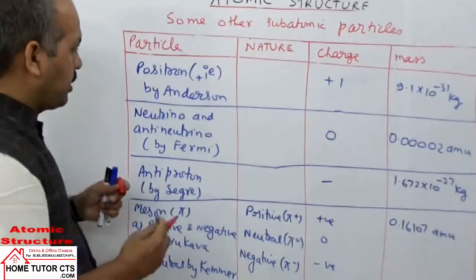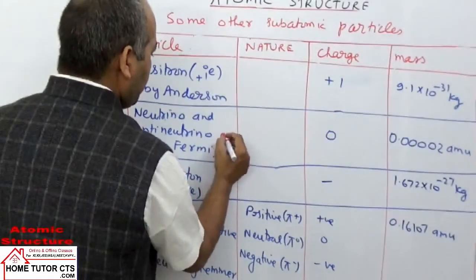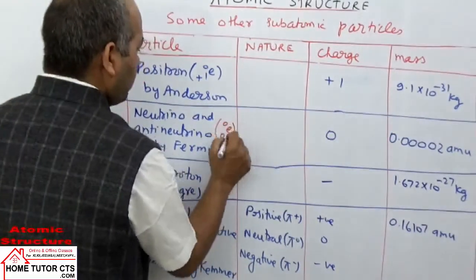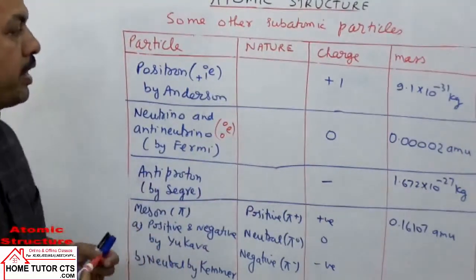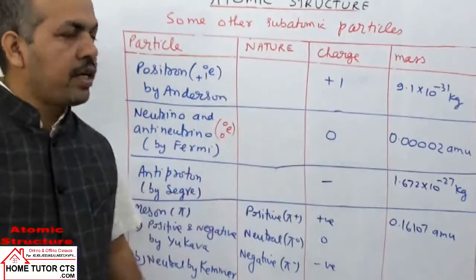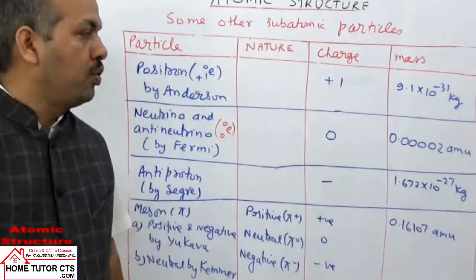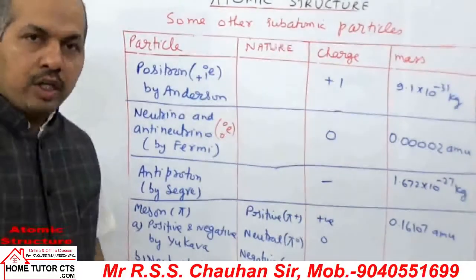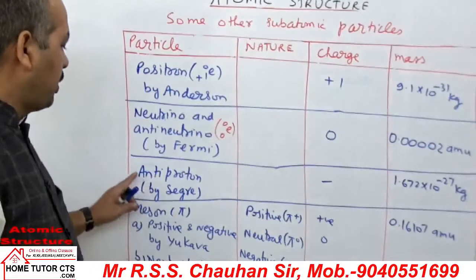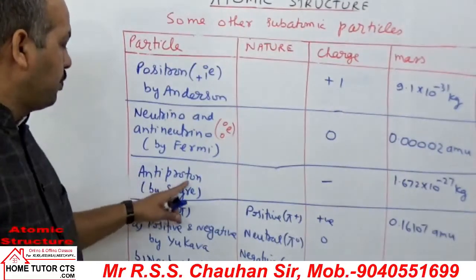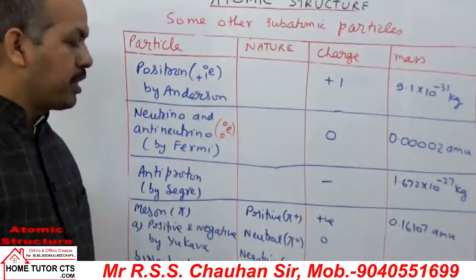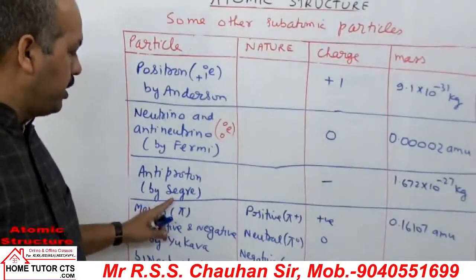For them, the symbol you can write is 0e0. Mass taken is again very low, given the scale 0.0002 AMU, atomic mass unit. Then it is taken anti-proton, discovered by scientist Segre.